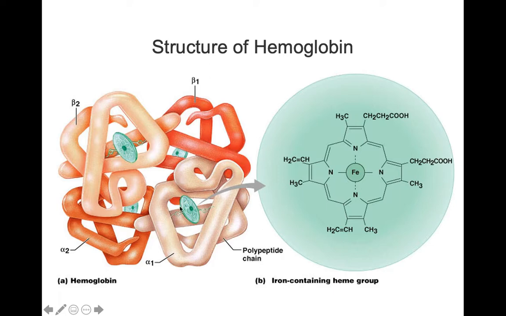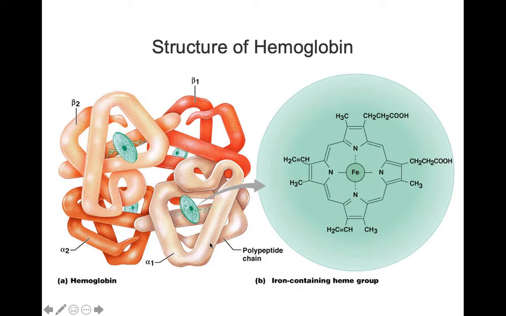When oxygen binds to this heme, it causes this globin protein to change shape. That triggers a reaction, which then causes the next globin protein to change shape a little bit more and exposes the heme, making it easier for oxygen to bind. Then this globin changes shape and the oxygen can bind. This globin changes shape, the oxygen binds.